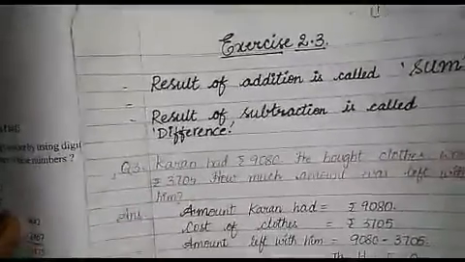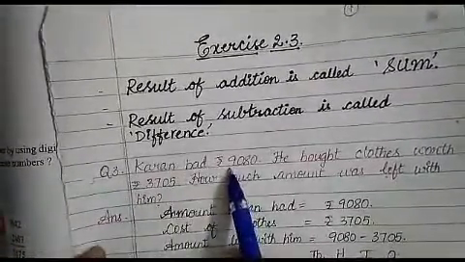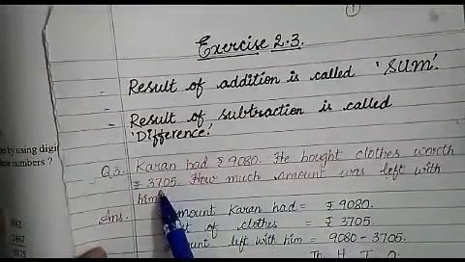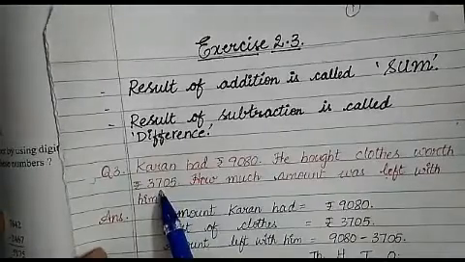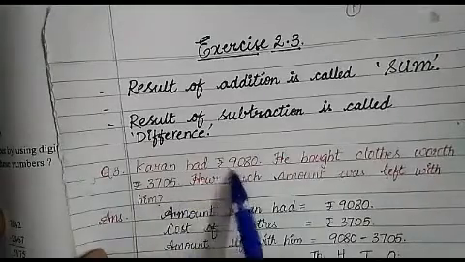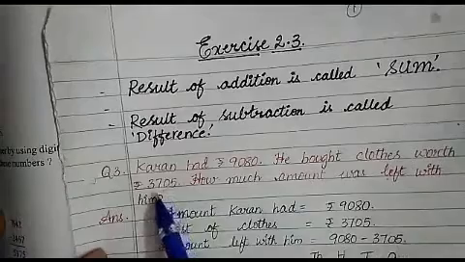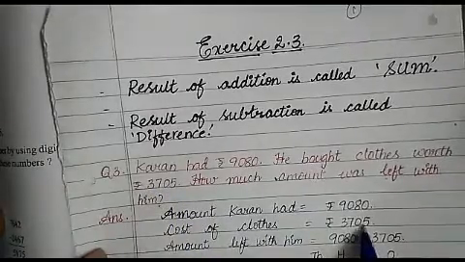I have already noted down the question. Karan had rupees 9080. He bought clothes worth 3705 rupees. How much amount was left with him? Karan had some money and he bought some clothes, and the clothes cost was 3705 rupees.